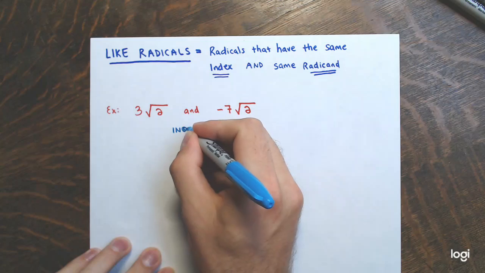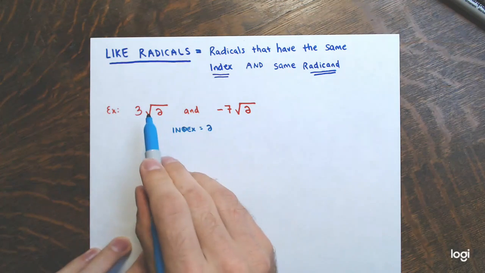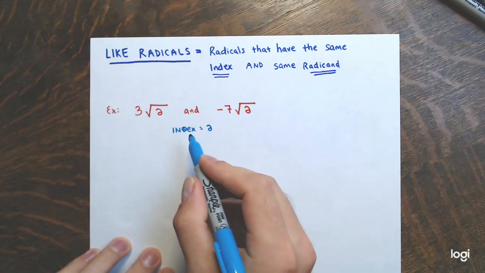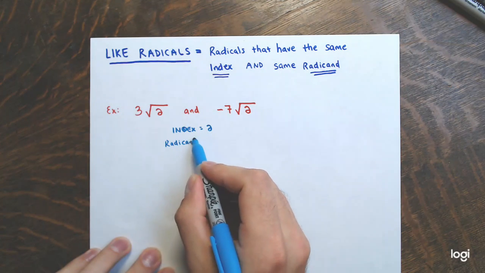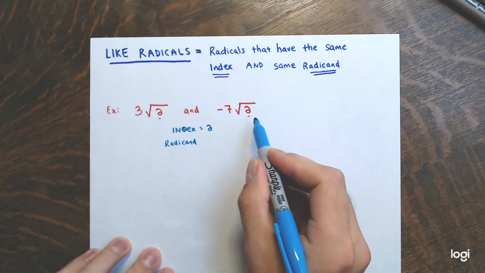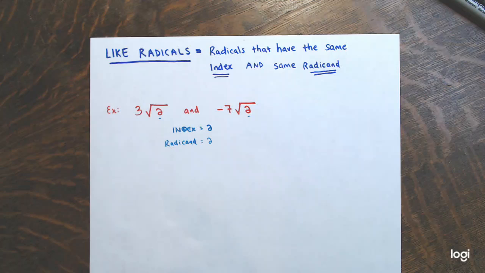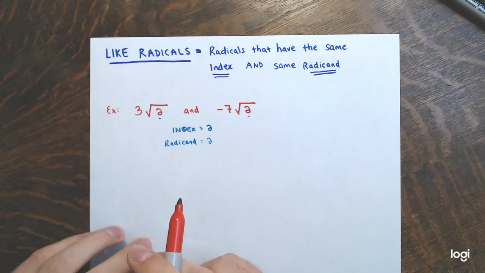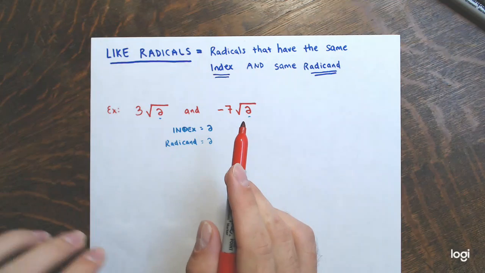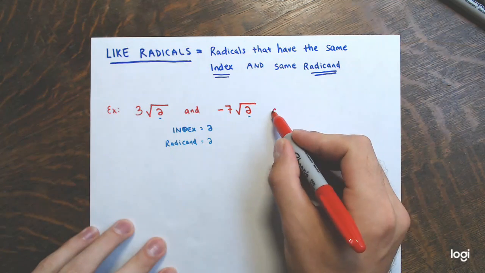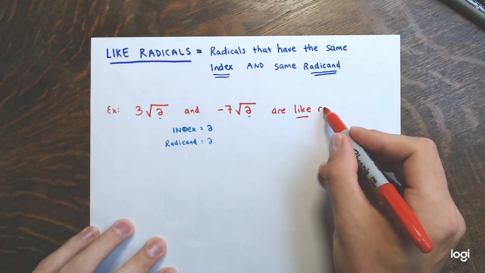The index is 2, they both have square root symbols. And the radicand, the expression inside the symbol, is also 2 for both of these. So 3 times the square root of 2 and negative 7 times the square root of 2 are considered like radicals.